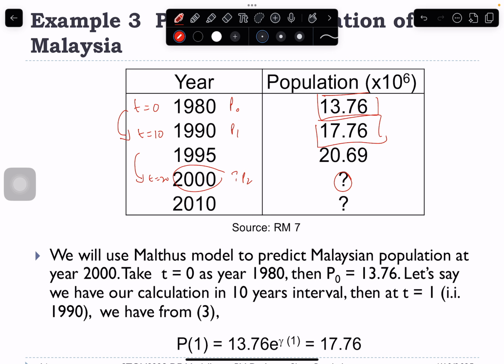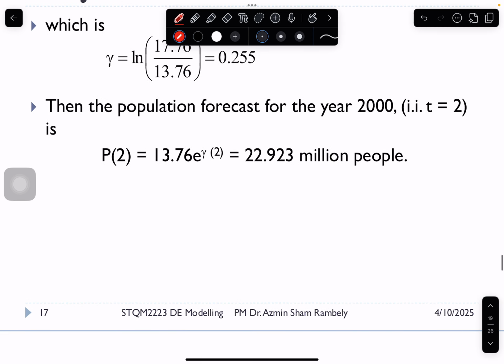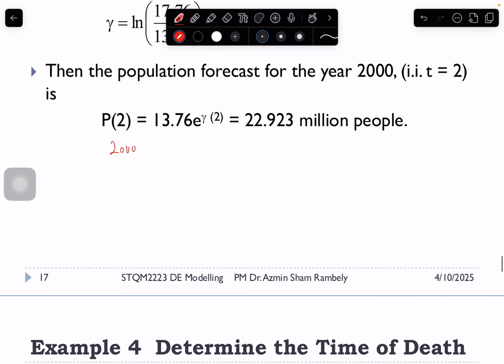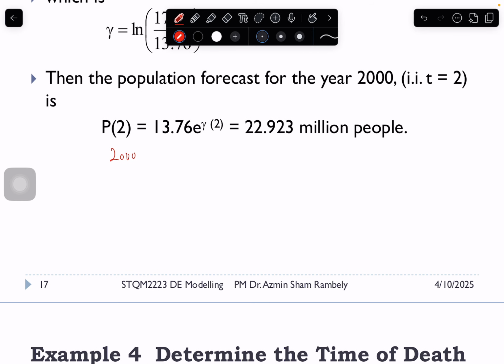This is P2, at year 2000. So the prediction for the year 2000 using the Malthus equation is 22.9 million. I think it's about right. But if you want to predict for 2020 or 2030, there will be a slight difference since we have had COVID-19 recently.